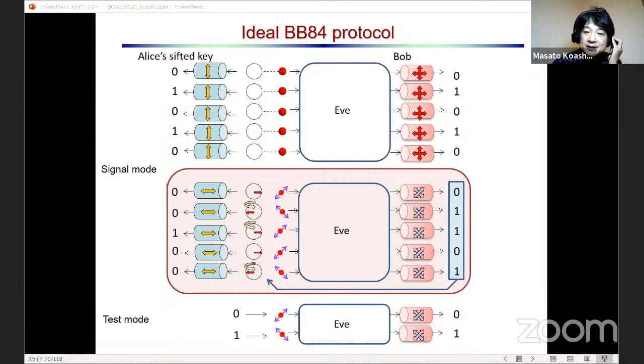One advantage is that once we can establish the security in this approach, it's easy to do the finite key analysis. But of course, everything is heuristic, so you can heuristically find this kind of protocol. Compared to the min-entropy approach, the key rate tends to be lower.